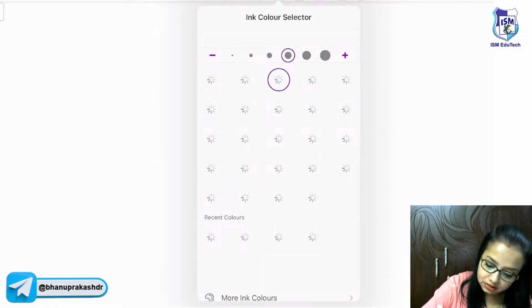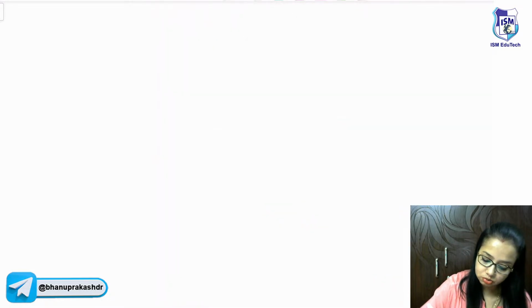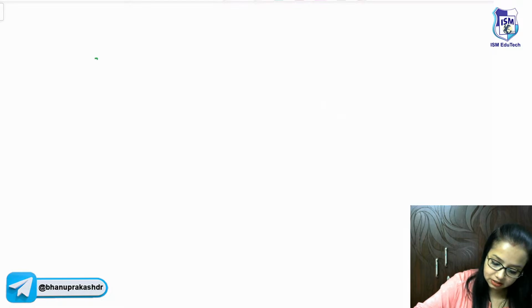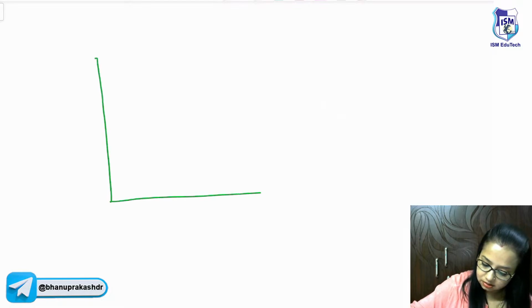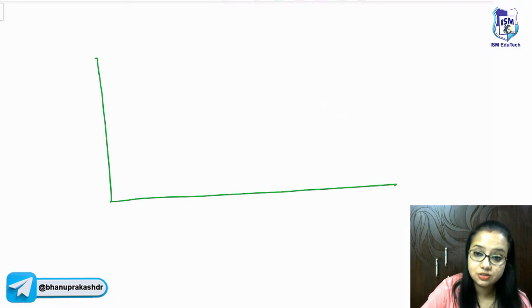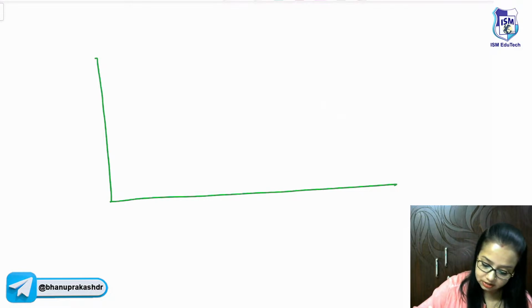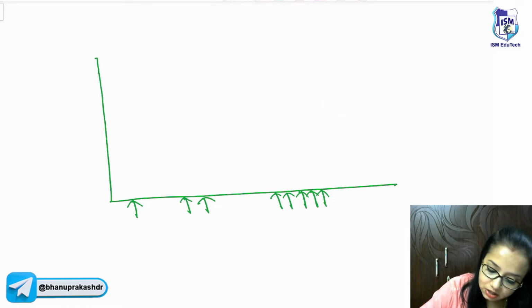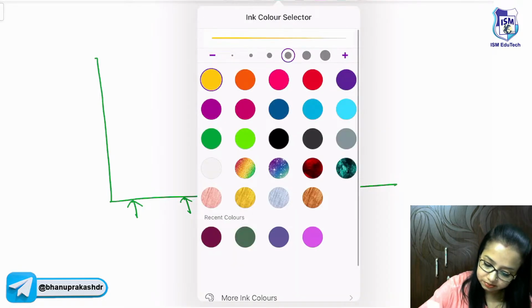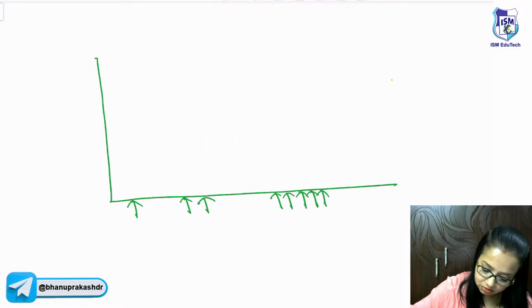Now if there are multiple twitches, or two twitches, which have resulted from two stimuli, say this is one stimulus and here two stimuli are given and here multiple stimuli are given back to back. Then what do we see? In response to one stimulus, we get a single twitch.